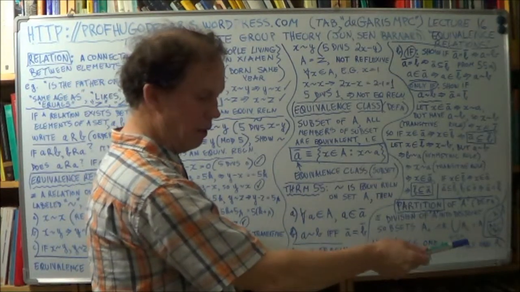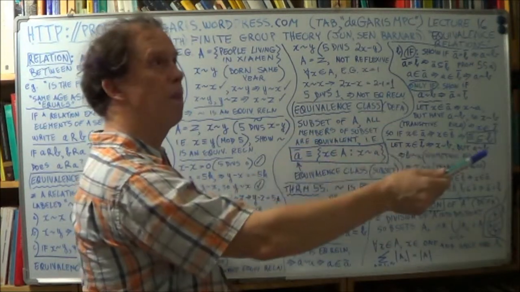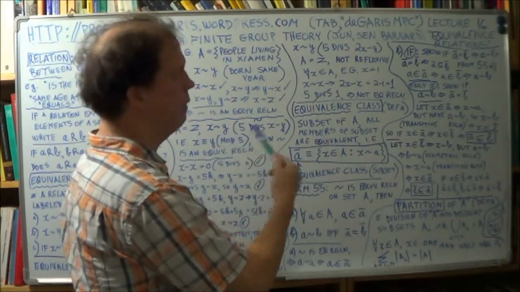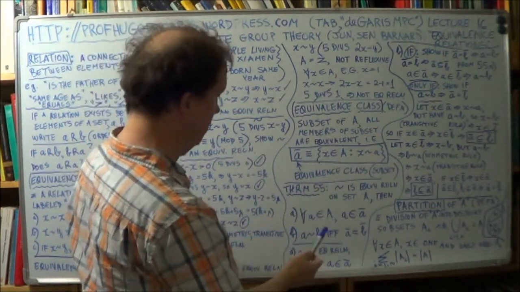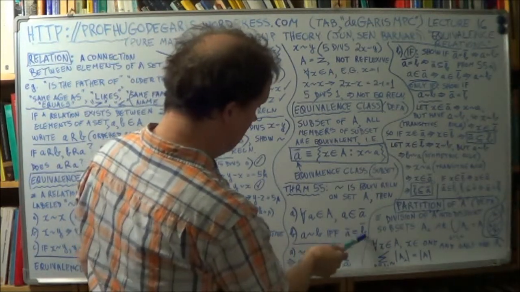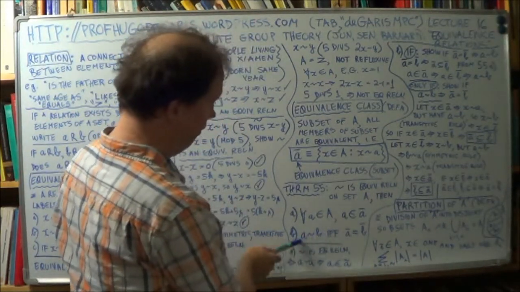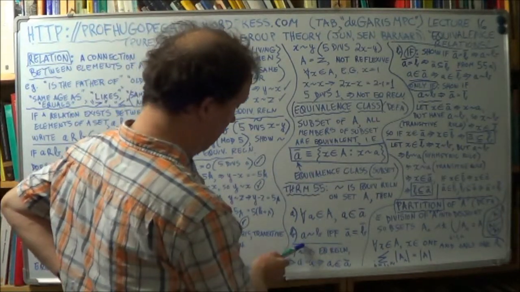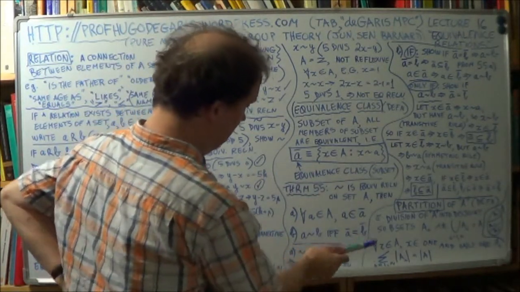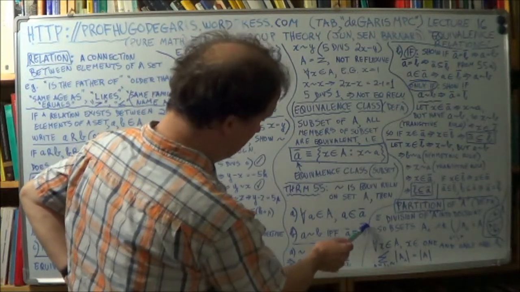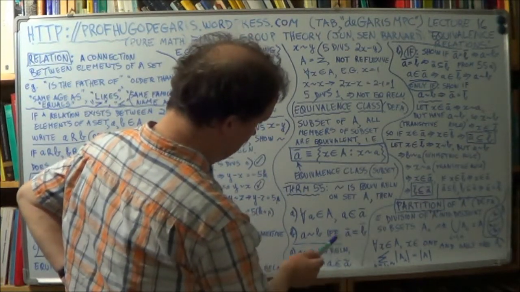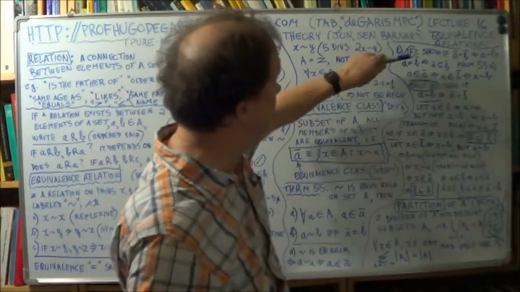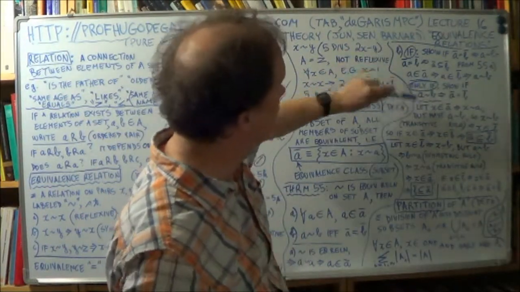Now A if B, P if Q, therefore Q is if Q then P. So we start with the right hand side, and we have to prove that. That's the if part. And then the only if, that's the other way, starting with the left hand side and proving the right hand side. So starting with the if, we start with this and we have to prove that. Okay? So here's the if part, here's the only if part.